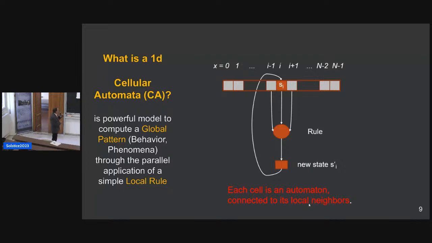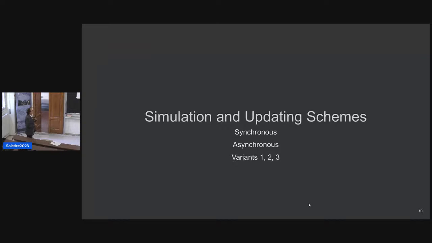But what is important and usually not very clearly expressed is that you need two memories. It's not sufficient to use one memory. You have to use the current state and the new state. And then you need an update phase. So we can use synchronous and asynchronous updating.